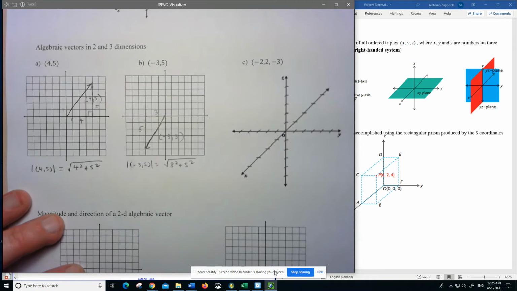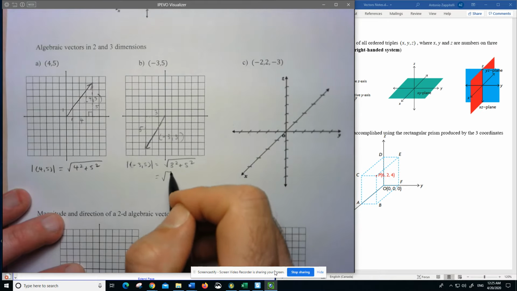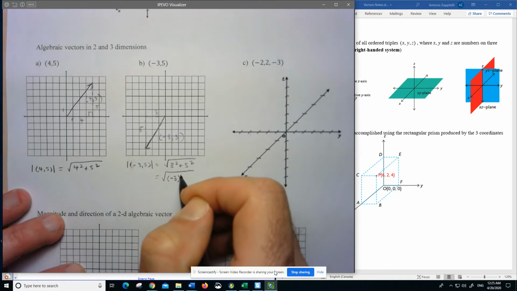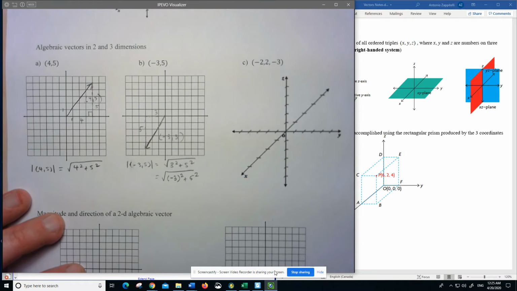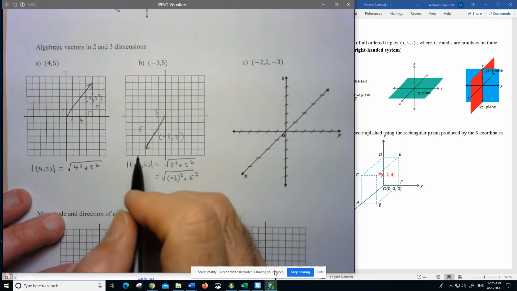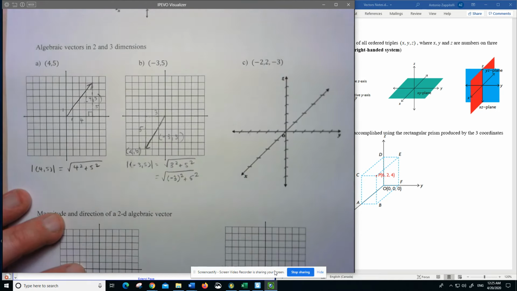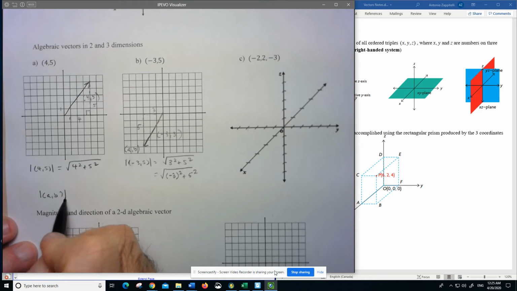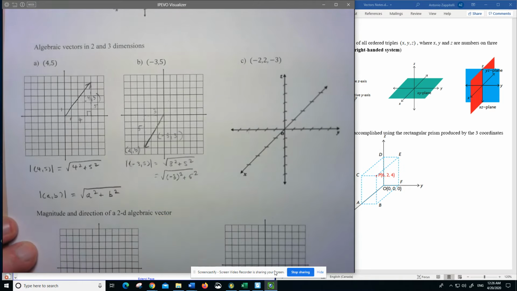But when you think about it, because I'm squaring this number, it actually doesn't matter whether I use 3 or the actual x component, negative 3. It's the same as writing negative 3 squared plus 5 squared. So here we realize that whatever this value is, say it's not negative 3, 5, say it's any 2D vector AB, you realize that you can define the magnitude of a 2D algebraic vector as just the square root of the x component squared plus the y component squared.